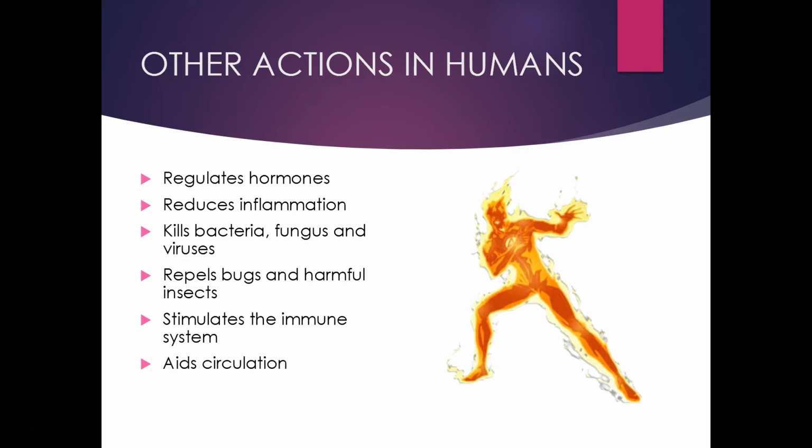Certain oils can speed up the circulation and support the digestive system. So can you see how essential oils have similar actions in plants as what they do in humans? It's really fascinating.